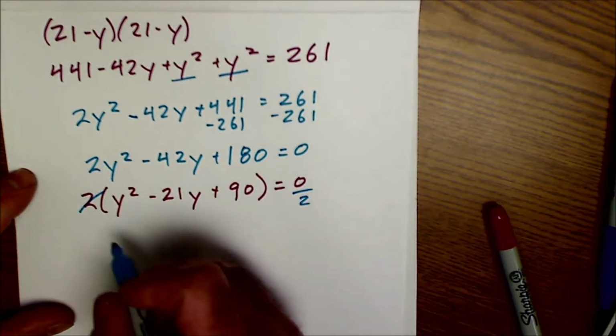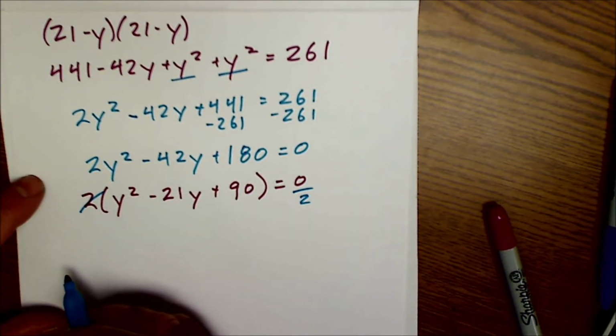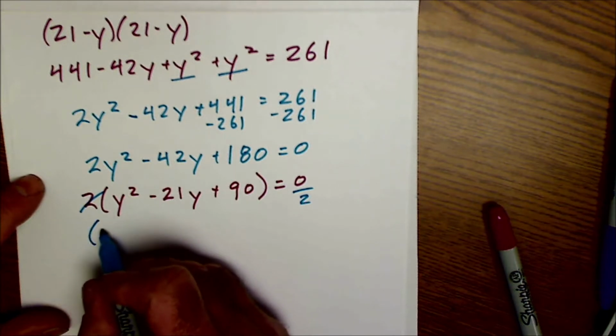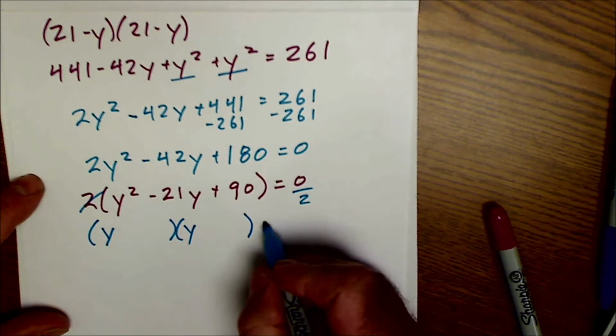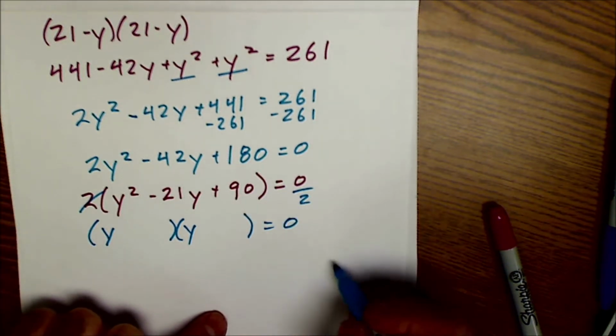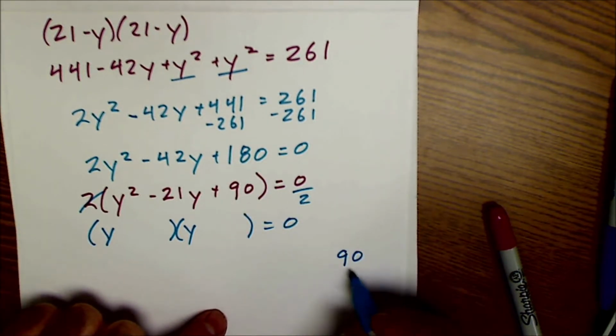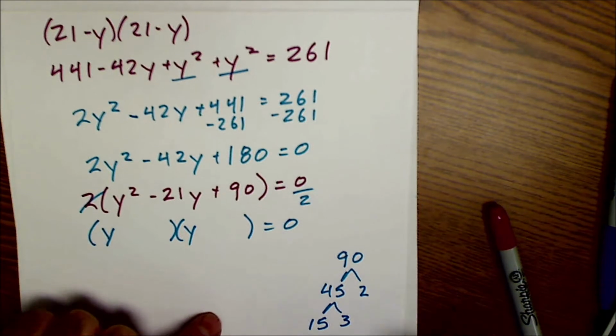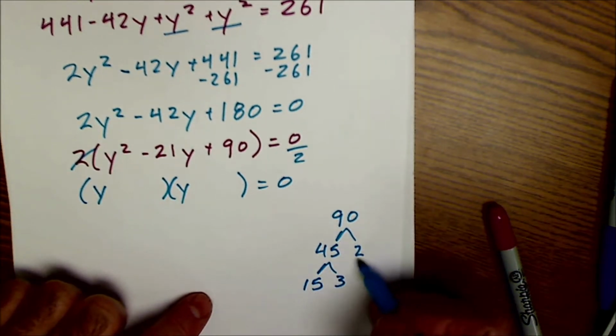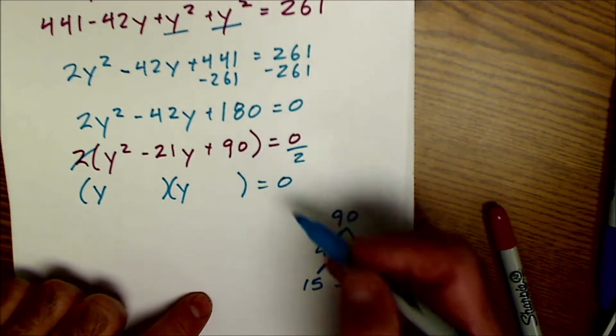I'm looking for factors of 90 to give me a 21. So I have a y and a y. Those are the only factors of y squared. Factors of 90 to give me a 21 would be a 45 and a 2. That's not going to work. A 15 and a 3. Well, now I have 15 and 6, and I could see 15 and 6 is going to give me a 90, right?